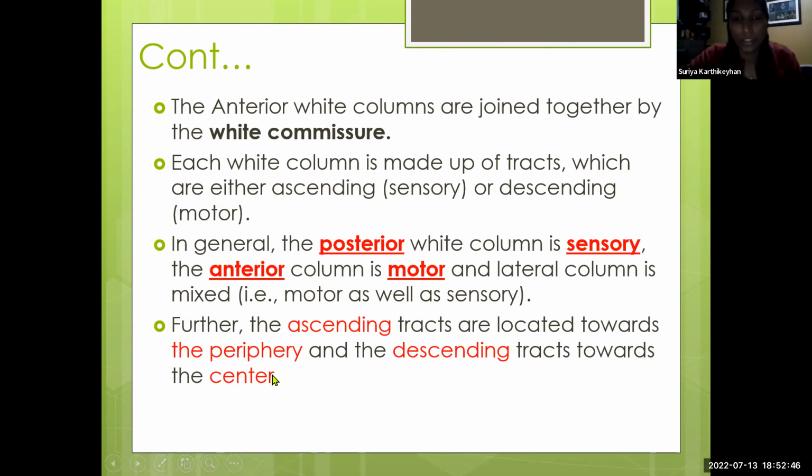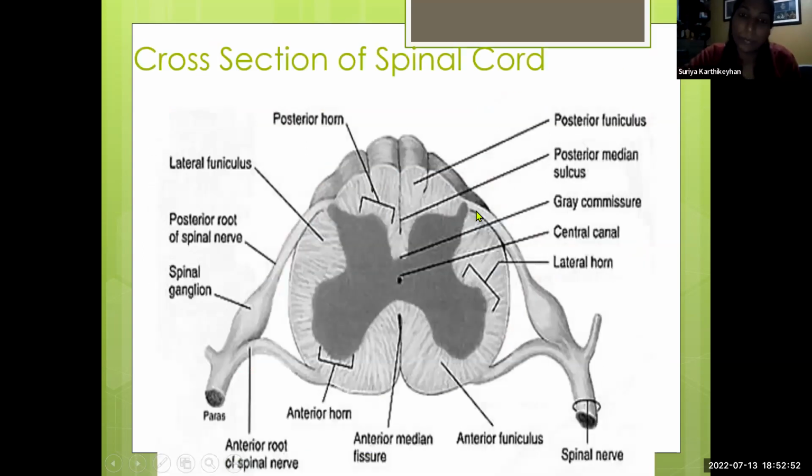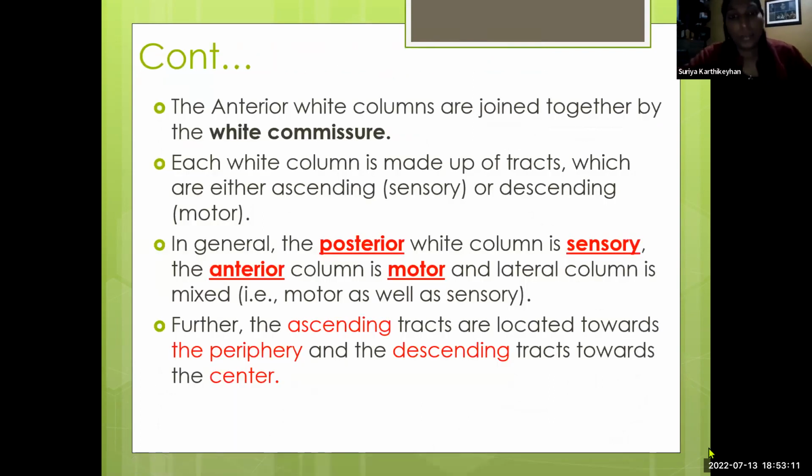Mostly the ascending tracts will be situated peripherally, whereas the descending tracts will occupy the central positions. Most of the central position of the white columns is occupied by the descending tracts. So the ascending tracts occupy the peripheral position, whereas the descending tracts occupy the central position.